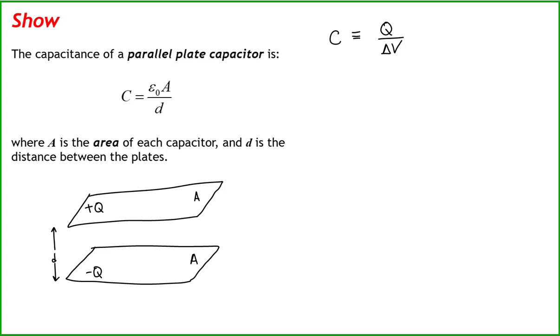And if you look at this, you would see that the unit of capacitance is the coulomb per volt. 1 coulomb per volt is defined to be a farad. The farad is the unit of capacitance.